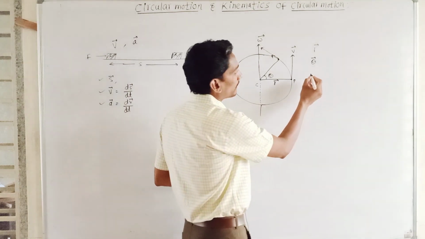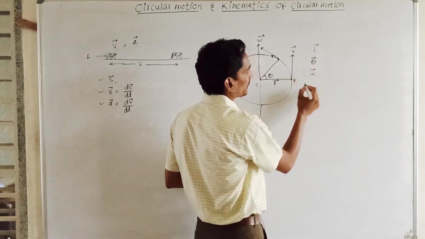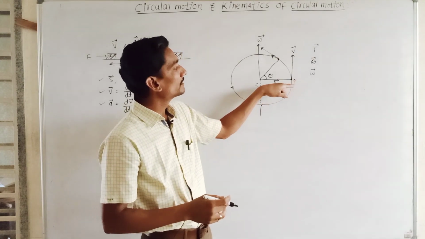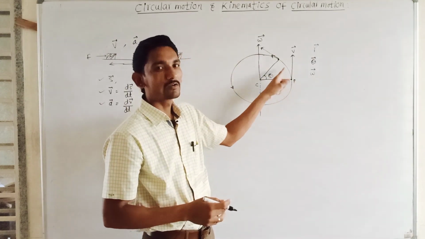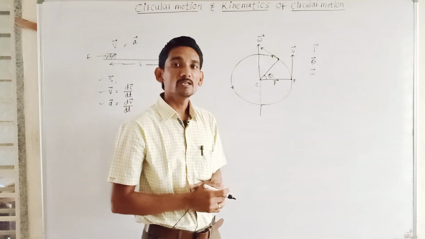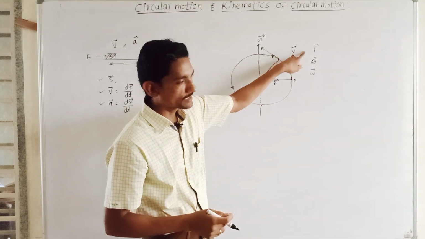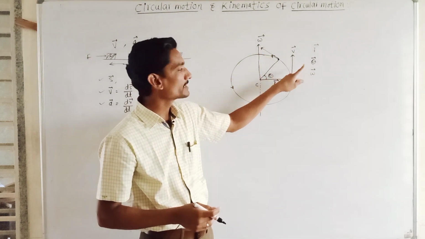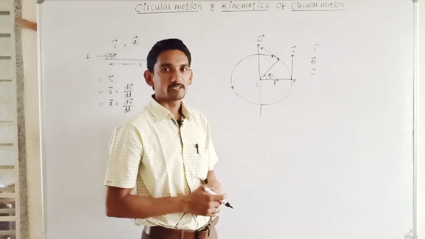Then angular velocity, that is omega, gives the velocity of a particle while it is moving along the circular track. So these are the quantities: radius vector, angular displacement and angular velocity.